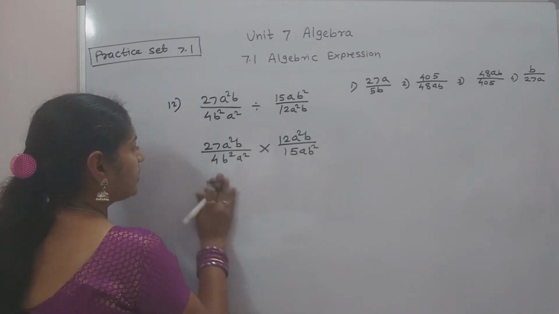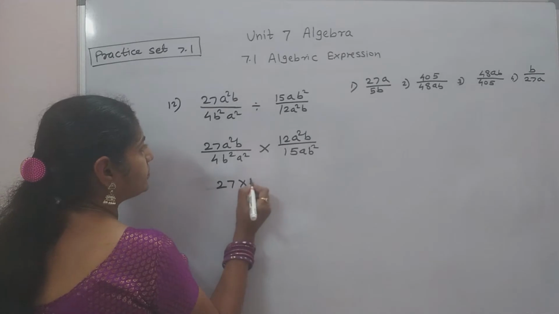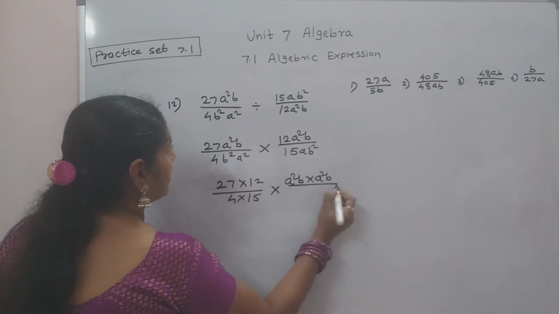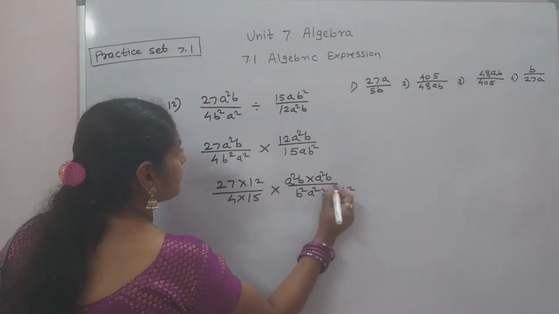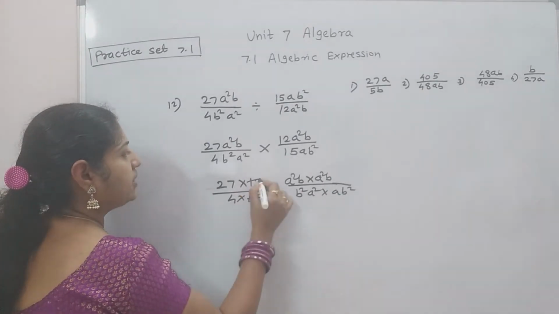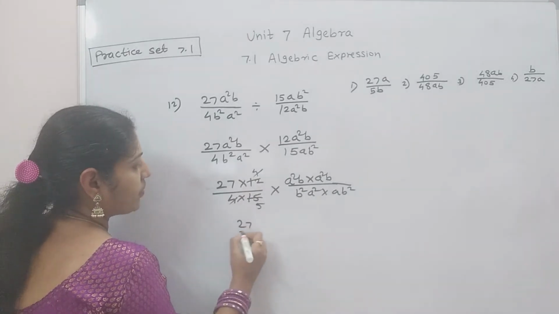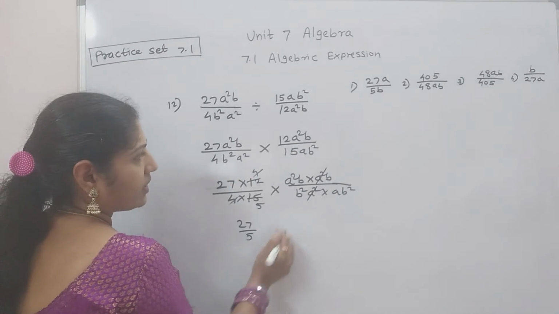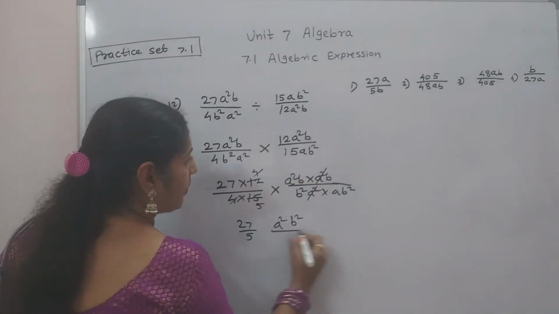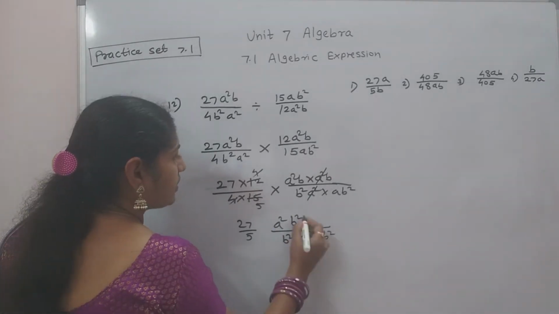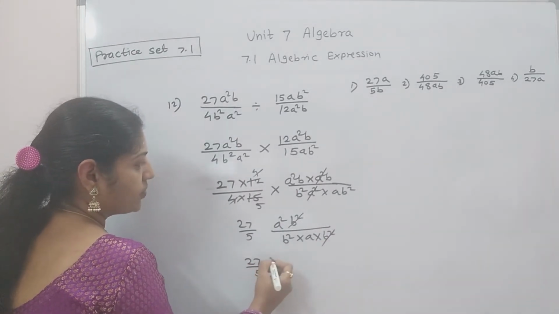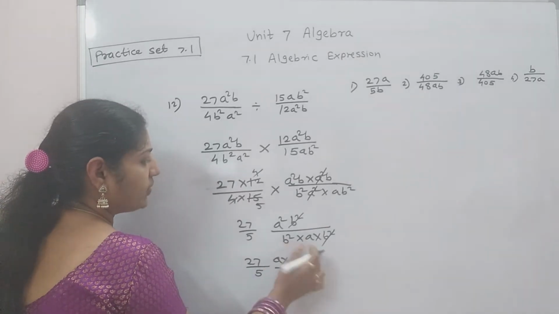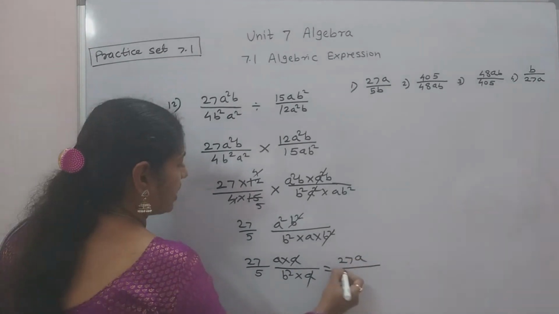Now multiply the coefficients first and then the variables: a square b into a square b upon b square a square into ab square. 3 fives are 15, 3 fours are 12, 4 fours cancel, giving 27 upon 5. Now a square into a square cancels.